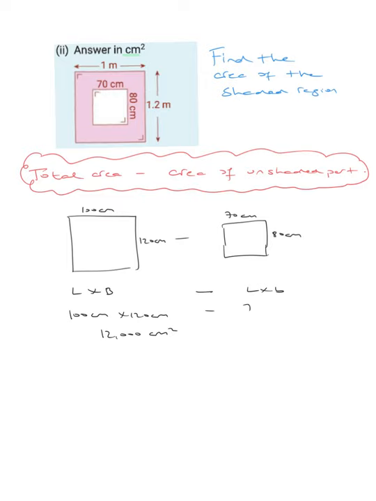So that would give me 70 by 80, which will give me 5,600 centimetres squared. So the area of the shaded part, you just take 12,000 centimetres squared minus 5,600 centimetres squared, which will give me 6,400 centimetres squared.